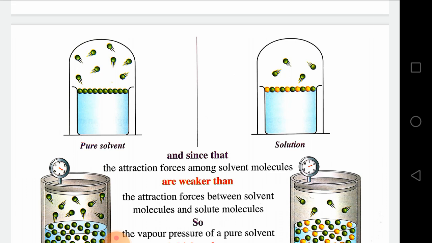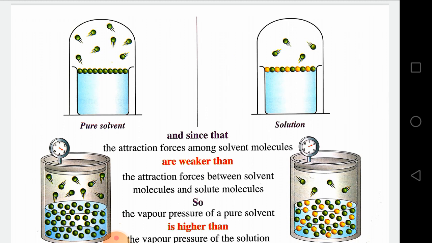This means the number of solvent molecules which vaporize will be less. This means the vapor pressure as a whole, at the same temperature and pressure, will decrease compared to the pure solvent. So our conclusion: the solution has lower vapor pressure than the pure solvent at a certain temperature and pressure.